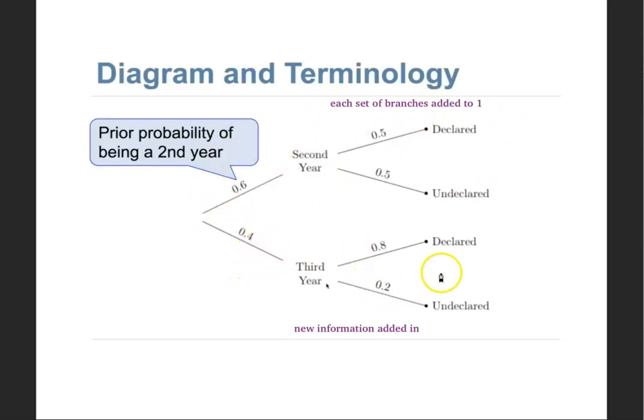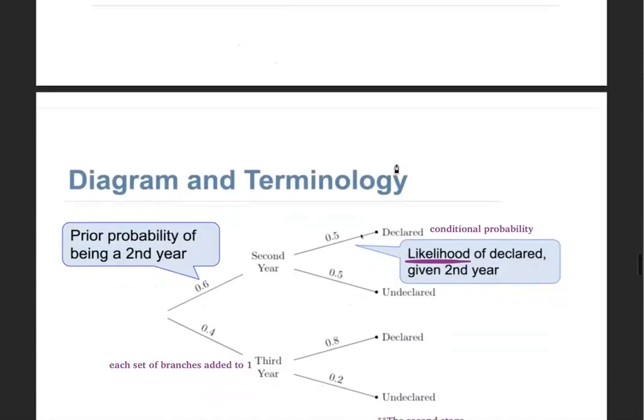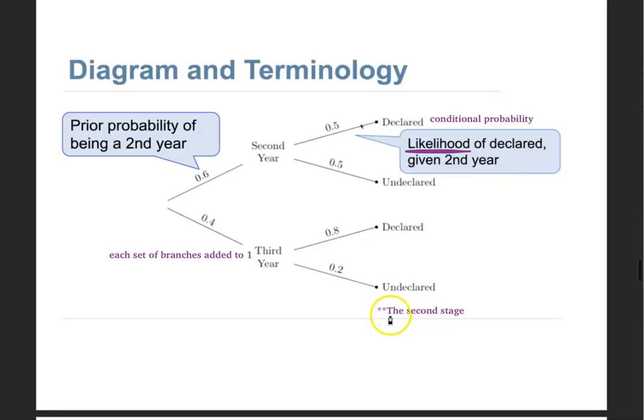Then we have the new one, which is our second stage, also called the likelihood or the conditional probability, because according to the new condition, our probability changed.